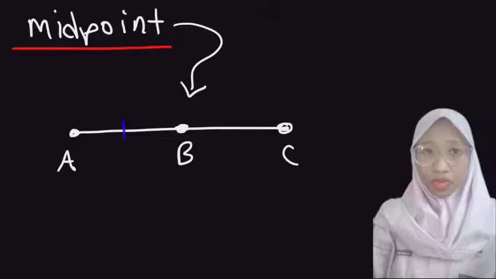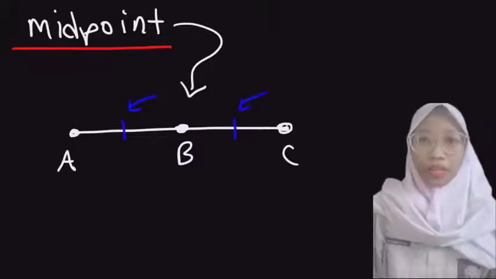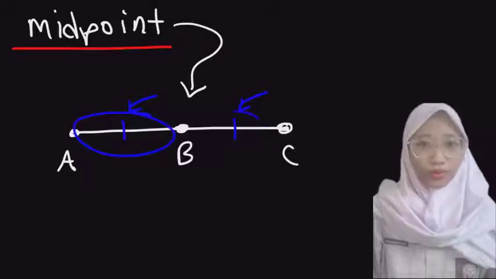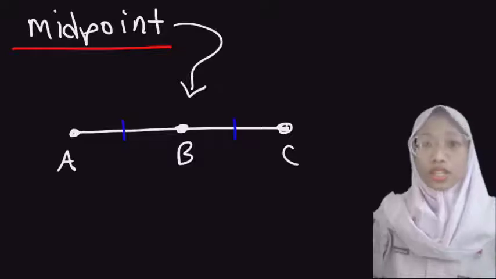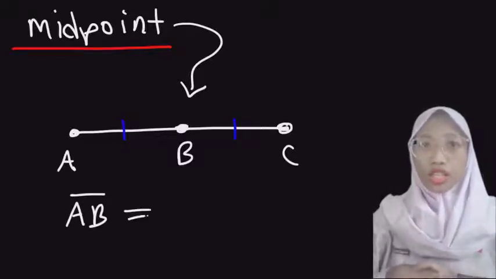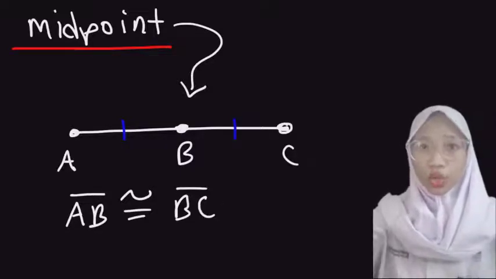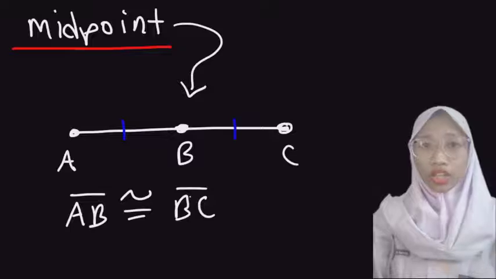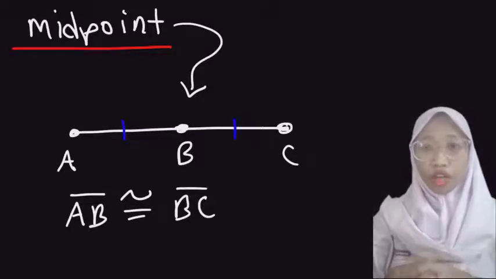That means that B is right in the middle of segment AC. It also means that segments AB and BC are congruent. If you put this mark, it shows that this segment is equal to that segment. The way you would write that is as follows: segment AB is congruent to segment BC. If that's true, that means B is the midpoint of segment AC, thus B bisects segment AC into two equal parts.